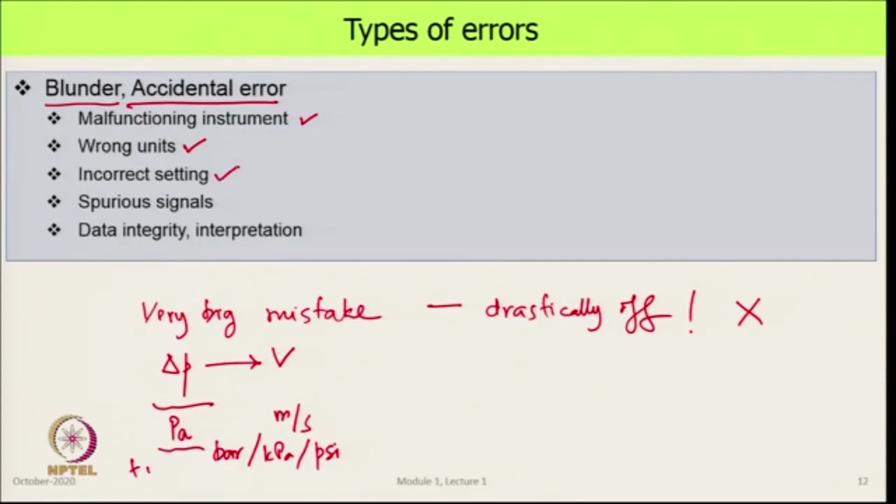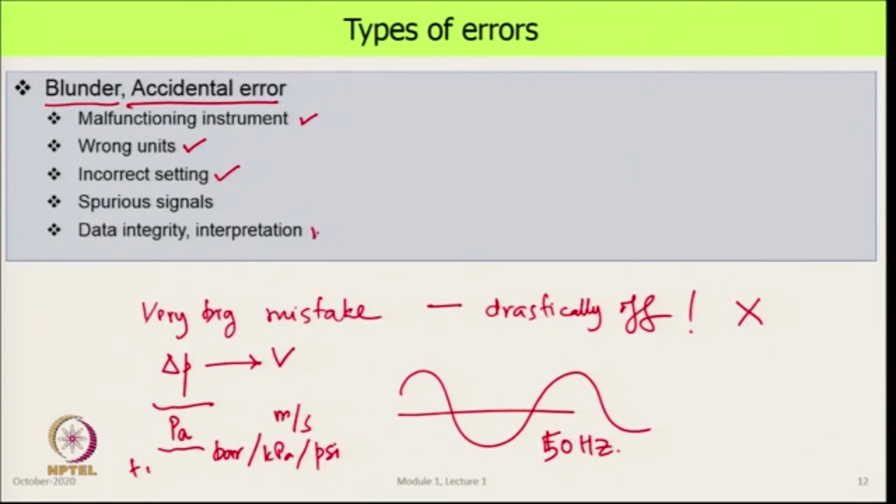Then there could be spurious signals. For example, if you are measuring an electric signal coming from a wire and we get a very nice signal which has a frequency close to 50 hertz, you can be pretty much sure that you have picked up noise from the electric power cable. This is not a signal that you are looking at at all.